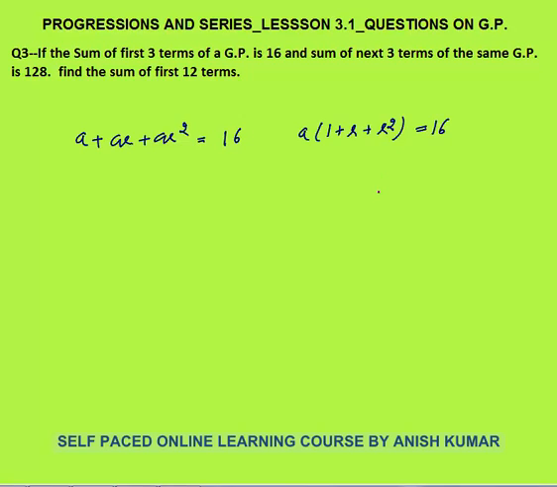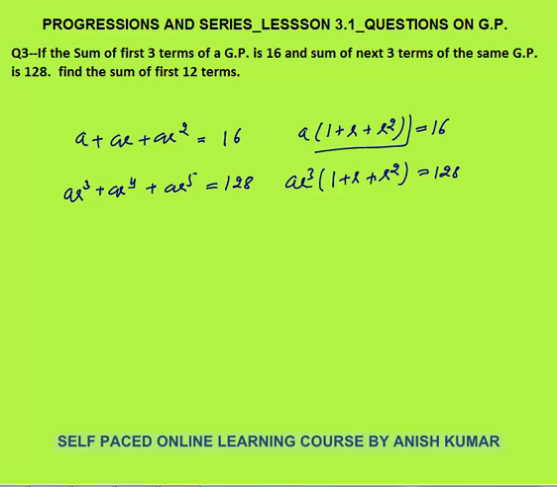Now second is the sum of the next three terms. The next three terms will be ar cube, ar power 4, ar power 5. This is 128. If you take ar cube common, you are left with 1 plus r plus r square. This is 128.